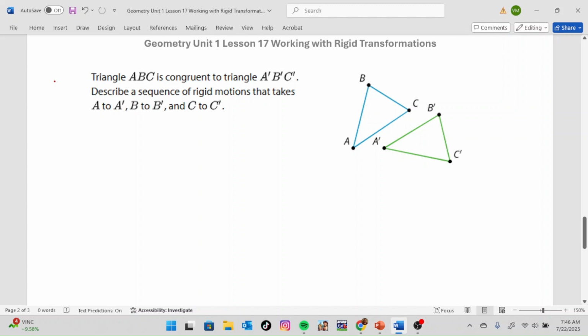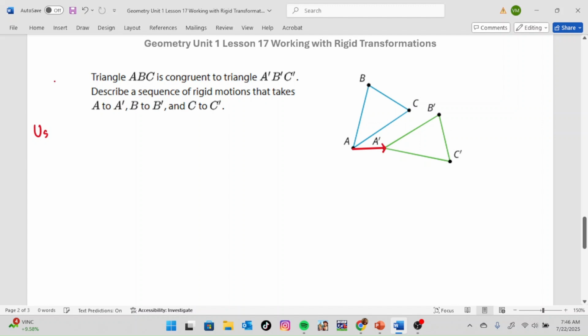So there's a couple ways you could do this, but generally the easiest way is to first use a directed line segment. So we're going to use a directed line segment to go from point A to point A prime. And that's going to slide this entire blue triangle to the right.